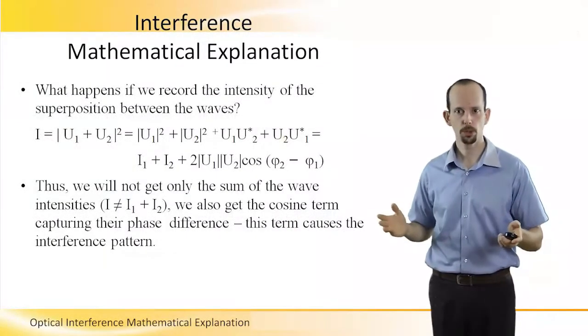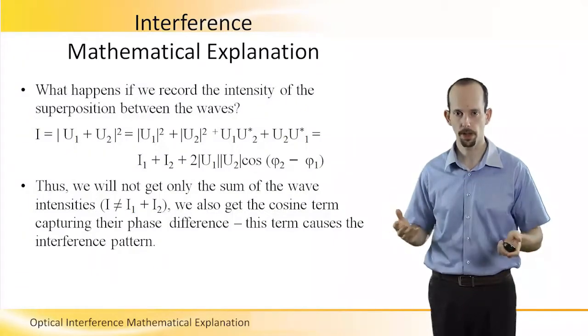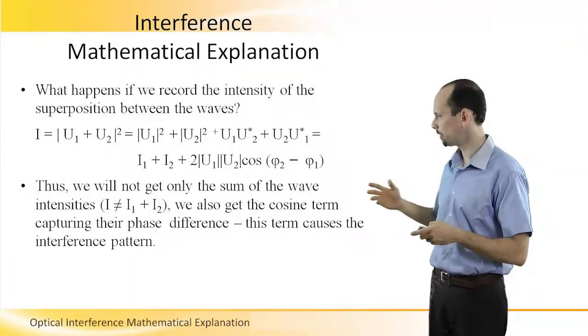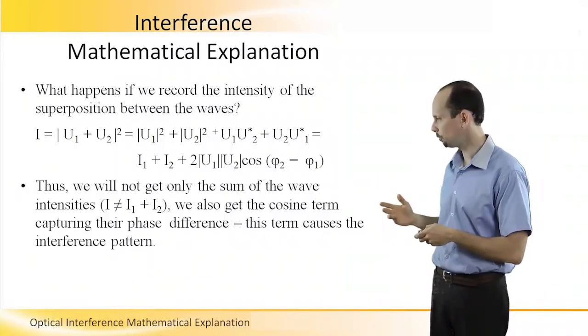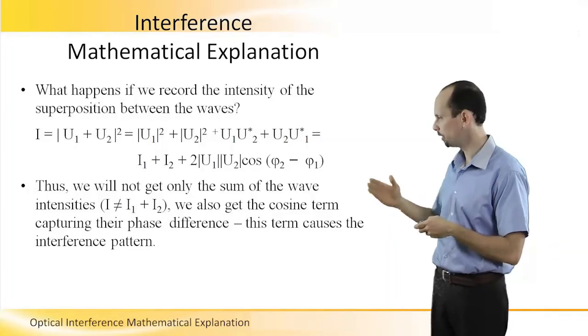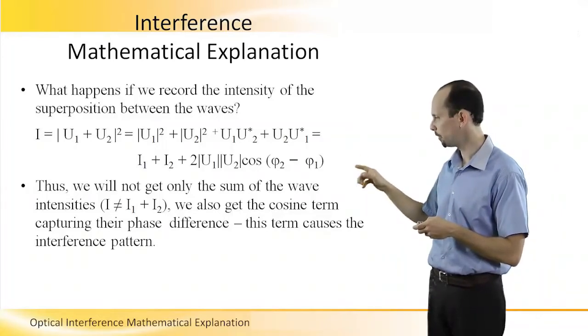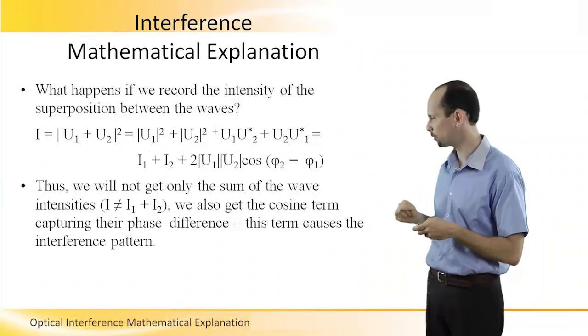What happens if we want to record the intensity of the superposition between the waves? |u1 + u2|^2, because each of them is a complex number, is equal to |u1|^2 plus |u2|^2 plus the cross term u1 multiplied by u2 conjugate plus u2 multiplied by u1 conjugate.